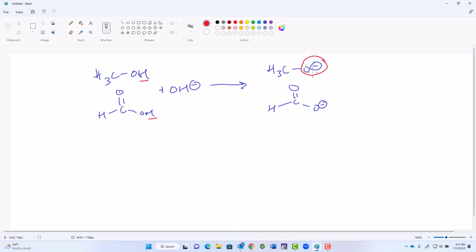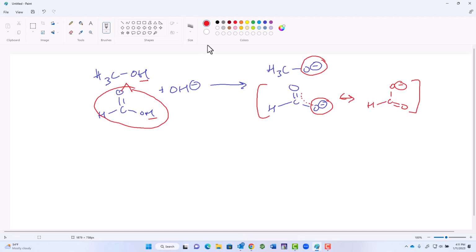This minus charge cannot be distributed anywhere else in the molecule. However, when we've plucked off a proton from formic acid, we can draw a resonance structure where we've distributed the negative charge over 2 oxygen atoms. Since we have this type of resonance in the resulting conjugate base, formic acid is a much stronger acid than methanol. In fact, the pKa of methanol is about 15, and the pKa of formic acid is about 5. So it's a much, much stronger acid.